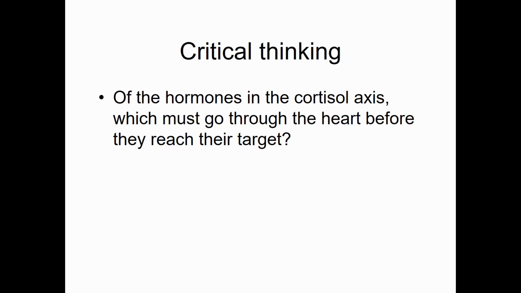Critical thinking. Of the hormones in the cortisol axis, which must go through the heart before they reach their target? Well, we have CRH. It goes through the portal system, right? It doesn't have to go through the heart. We have ACTH. It goes into the venous blood. It has to go through the right heart, through the lungs, through the left heart.